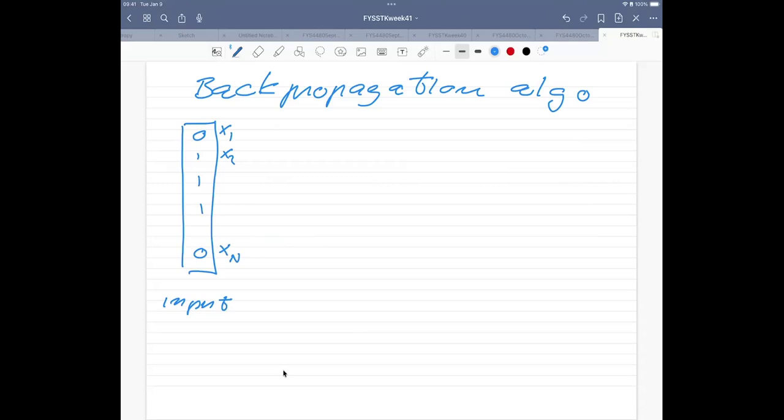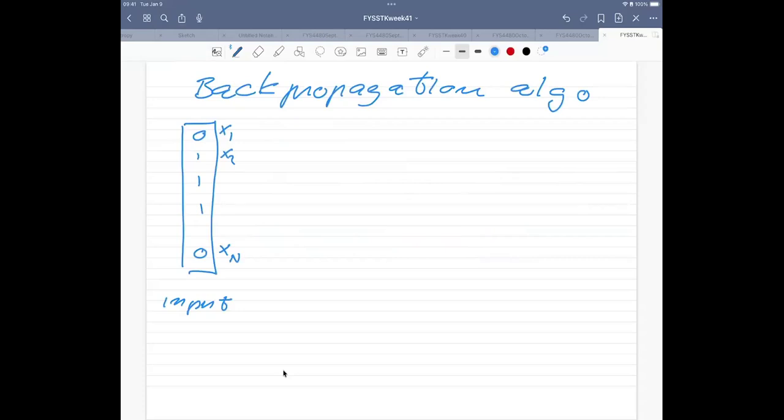That's the number of input nodes. So if this is an image, every node could represent a pixel of the image. If you have 200 times 200 pixels, you need 40,000 input nodes to store the information about that image. Okay?